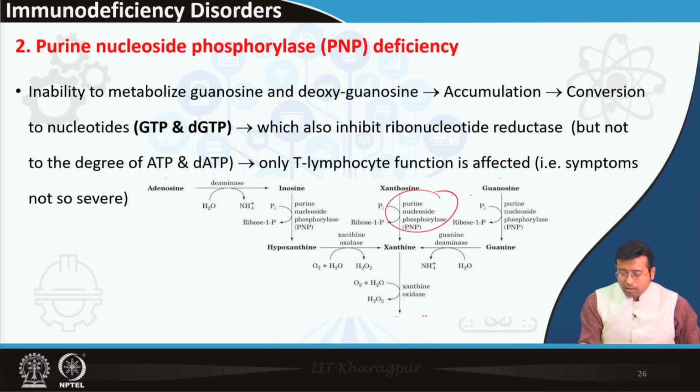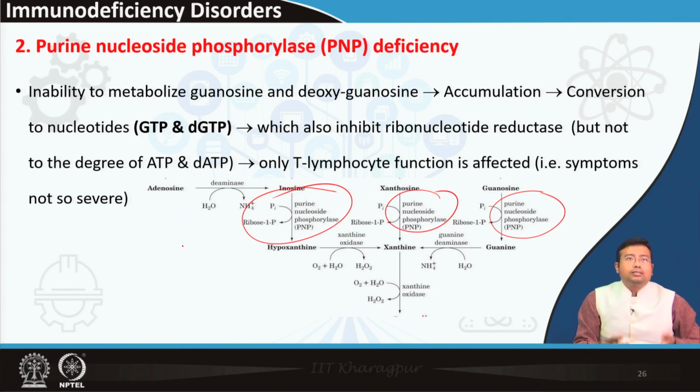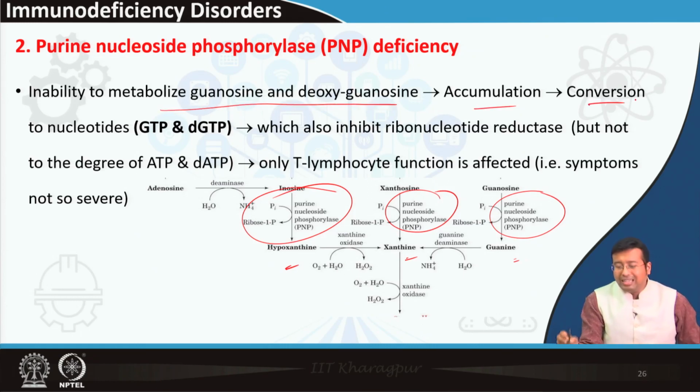Next, purine nucleoside phosphorylase, the enzyme PNP. If this enzyme is defective, there will be ineffective conversion of IMP to hypoxanthine, xanthine and guanine. Basically, there is inability to metabolize guanosine and deoxyguanosine, and ultimately it will lead to accumulation of their nucleotides.